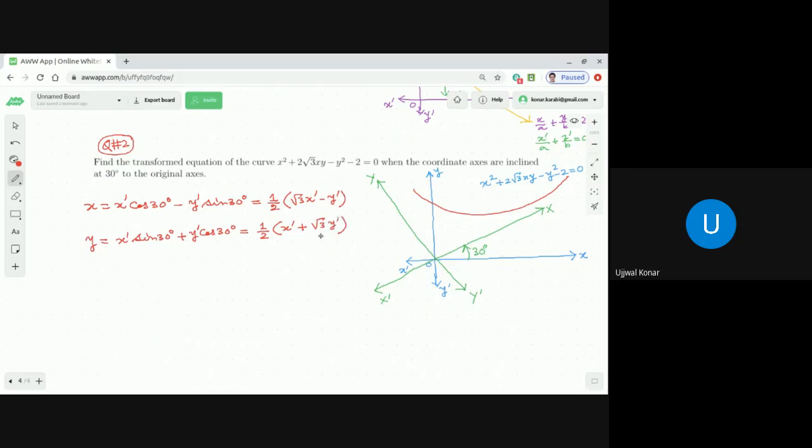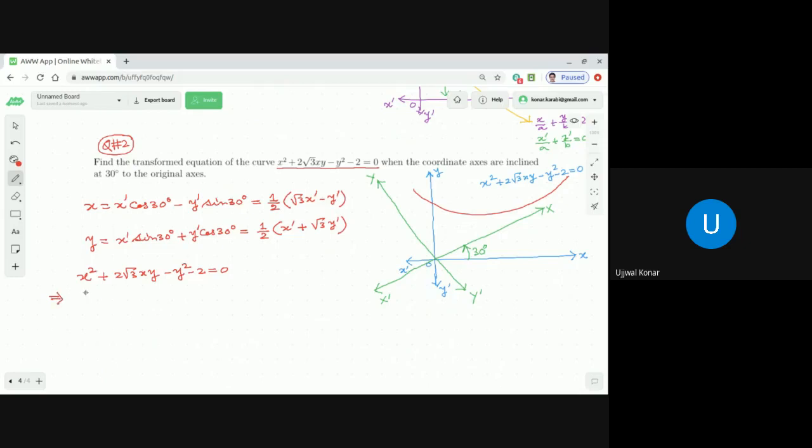So what is our original equation, dear students? The original equation is x square plus 2 root 3 into xy minus y square minus 2 equal to 0. Now here, we are going to find the transformed equation due to this rotation of the coordinate axis.